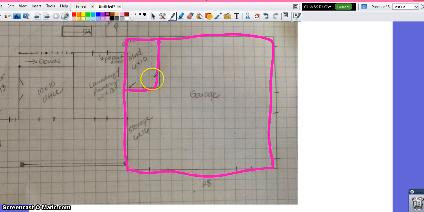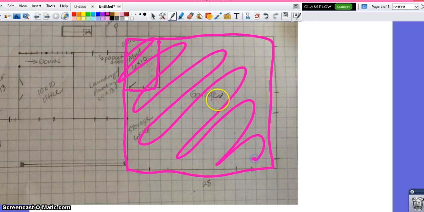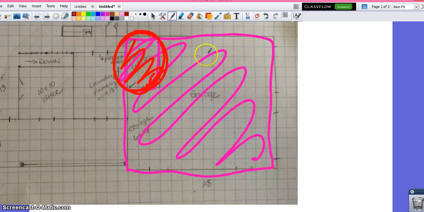In order to find the garage, what you need to do is find the entire area and then go back and subtract whatever this area is. That will tell you what your area and perimeter are for the garage. Because again, the garage is not this entire area. There is this piece that's taken out, so you need to find this and then subtract it from here.